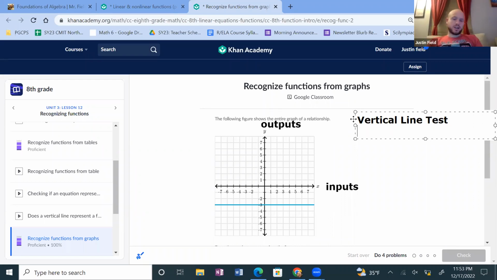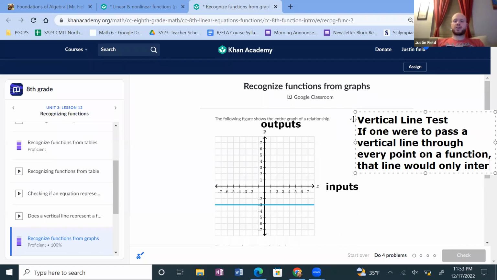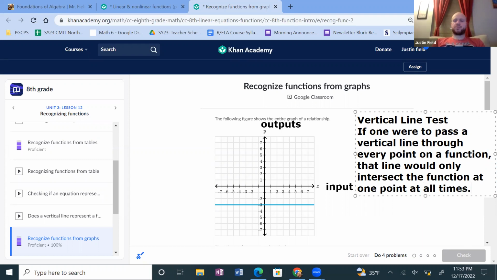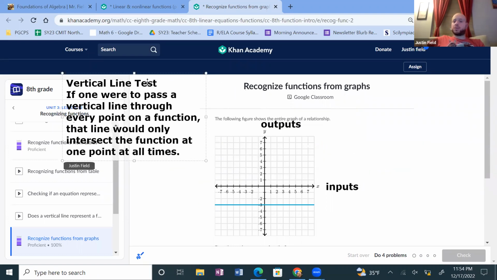A function passes the vertical line test, and that is if one were to pass a vertical line through every point on a function, that line only intersects the function at one point. That is the most verbose definition of the vertical line test I've ever made, but I enjoyed writing it. Hope you enjoy reading it.